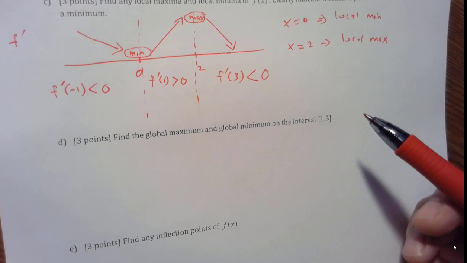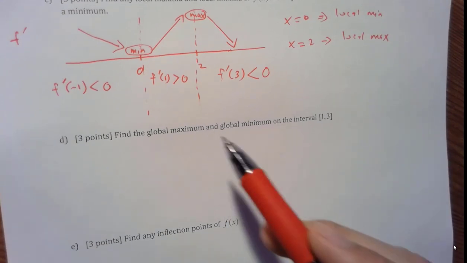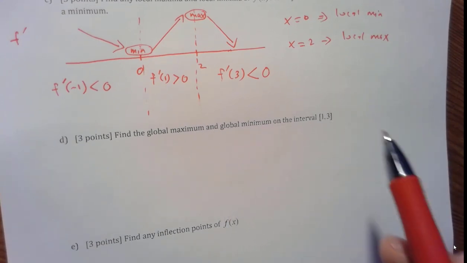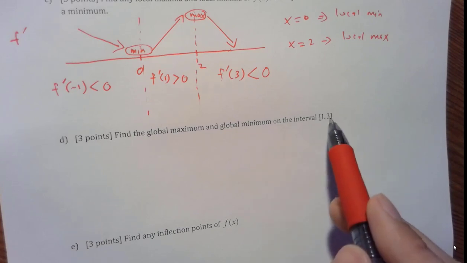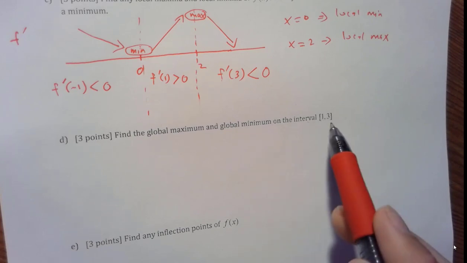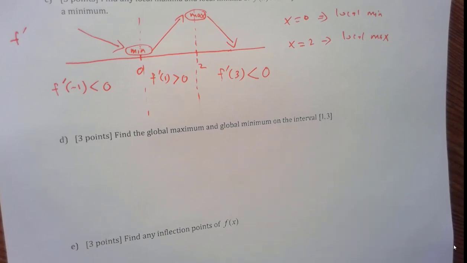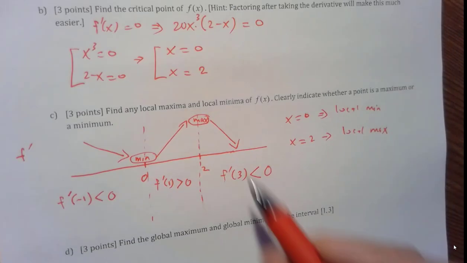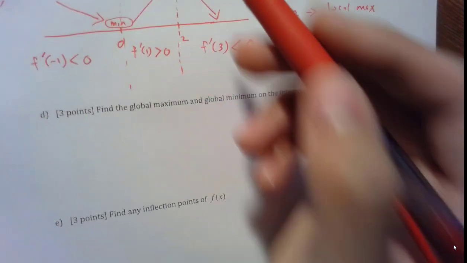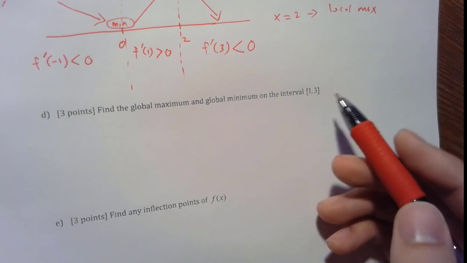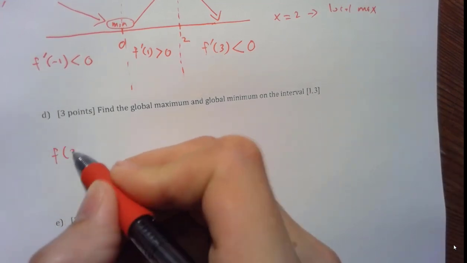So to check for global max and global min, we check the critical points inside this interval and the two endpoints, 1 and 3. Only 2 is a critical point between 1 and 3. Therefore, we check the value for 2.